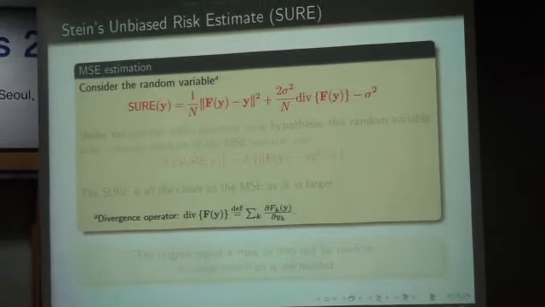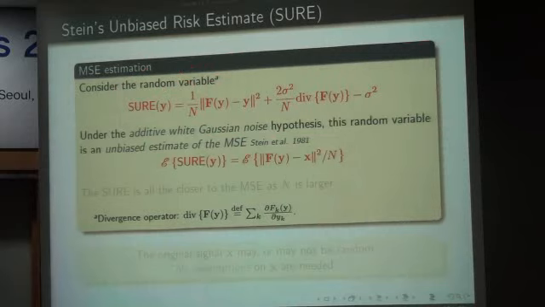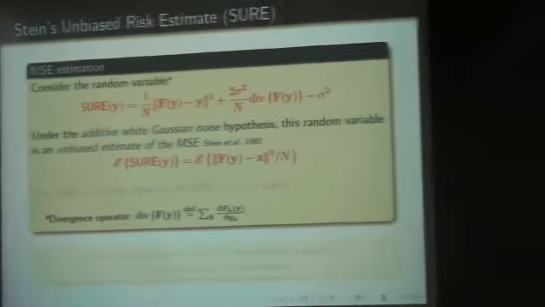Once you have that, it's possible to prove that the mathematical expectation over all possible realizations of the noise of this thing is exactly the same as the expectation of the mean square error. This is very, very powerful because now in this expression, as you can see, we have nowhere the knowledge of X, which is even better.